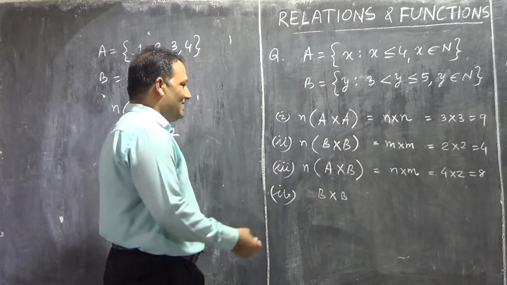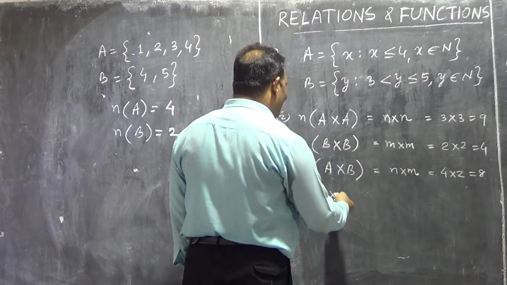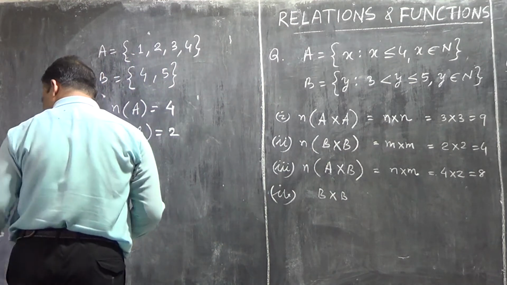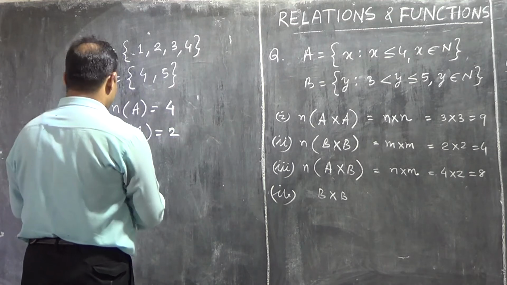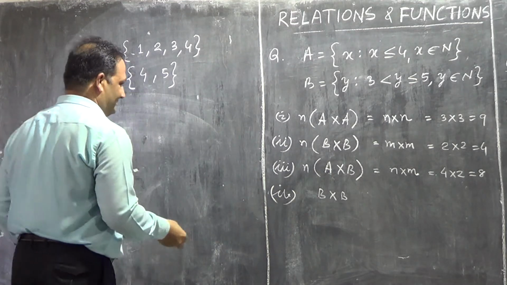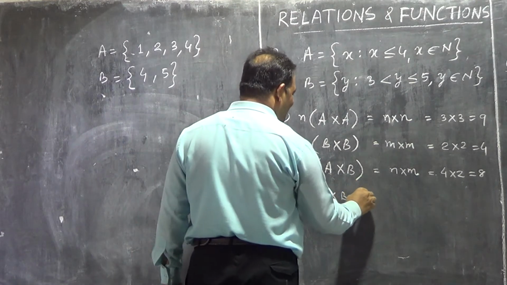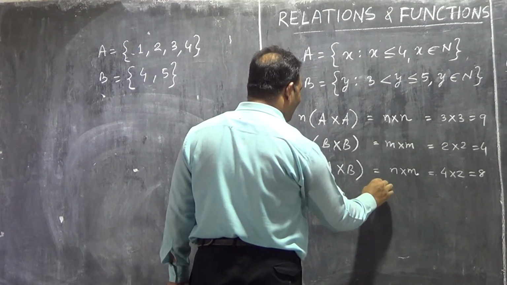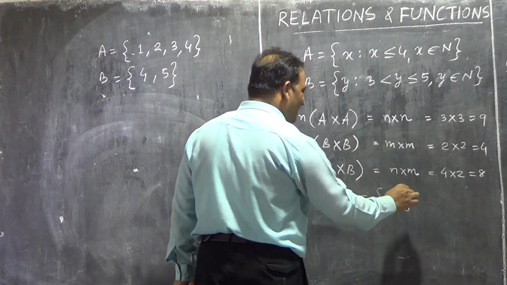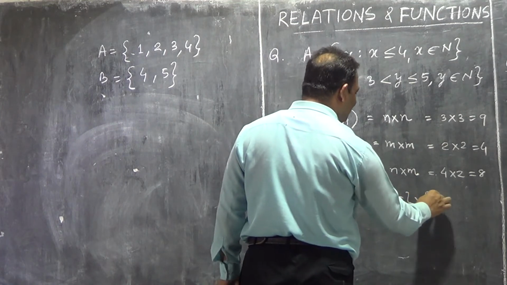So B cross B, here we have to find the product. There is no need to find the number of ordered pairs. It is asking to find B cross B. So how will we find B cross B? B is 4 and 5, and again B is 4 and 5.